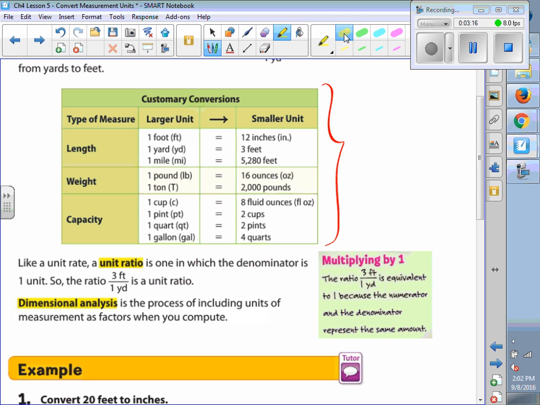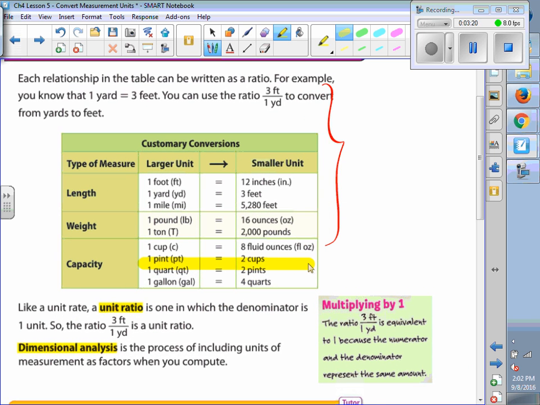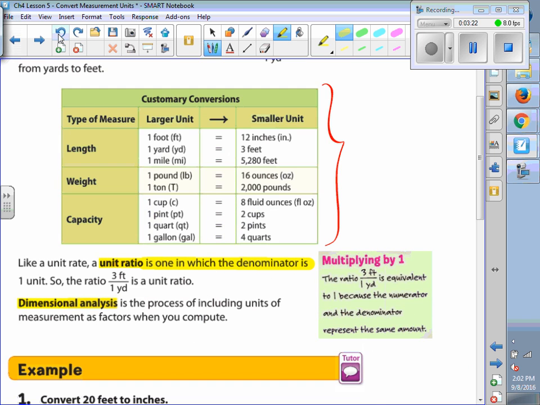So, let's make sure you write that down. A unit ratio is one in which the denominator is 1 unit. Dimensional analysis is the process of including the units of measure as factors when you compute.